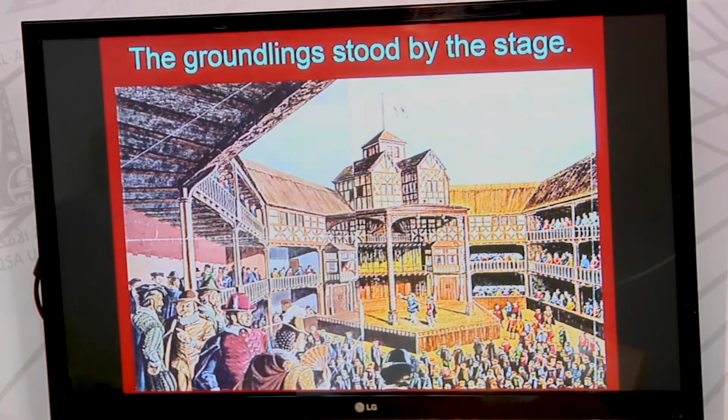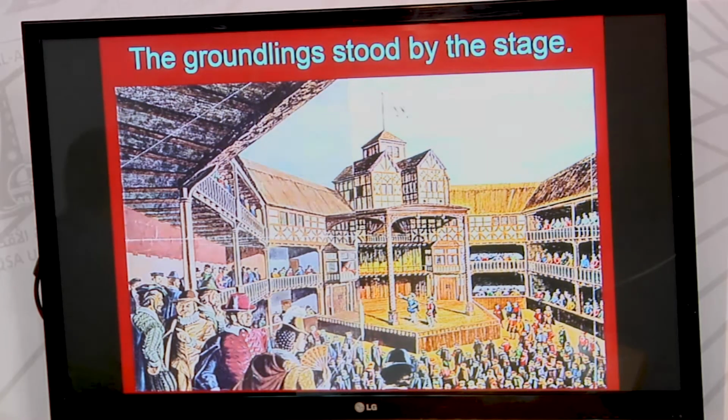And there, the stratification of people, the classes. We have the groundlings, where poor people stood by the stage, and you can see them down there.